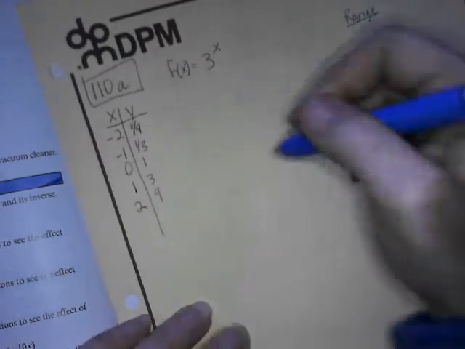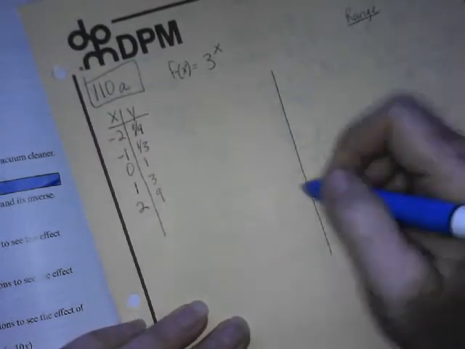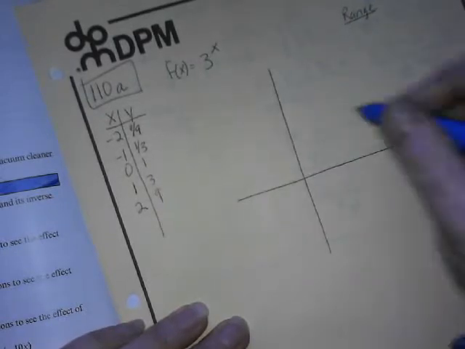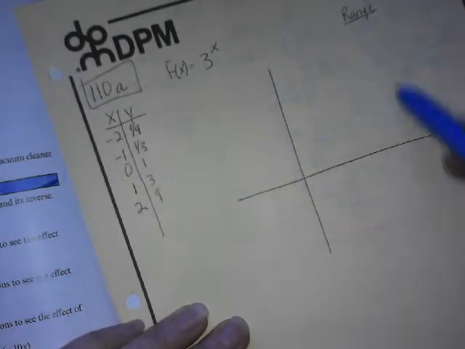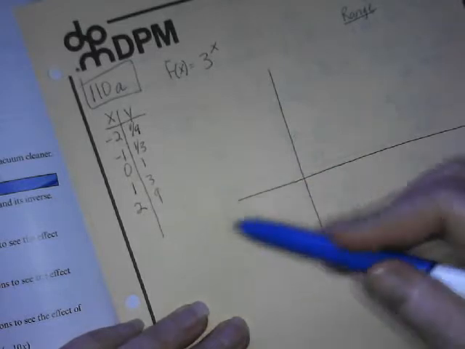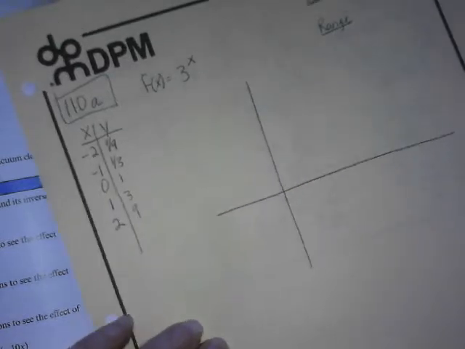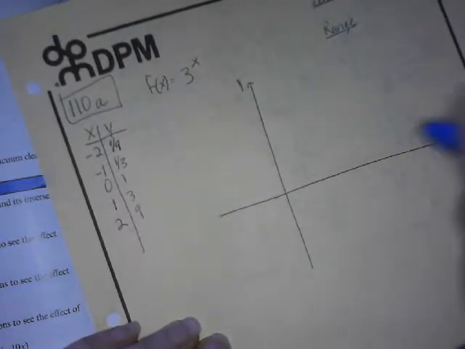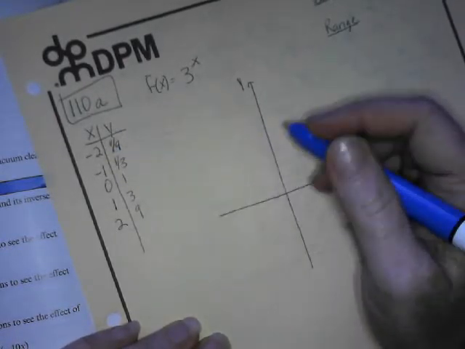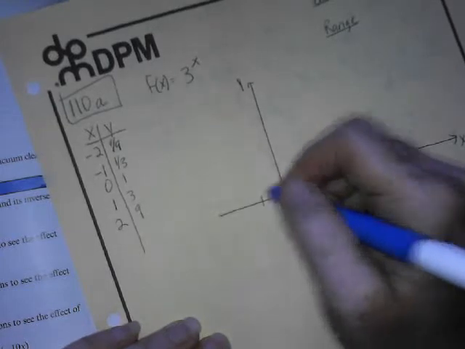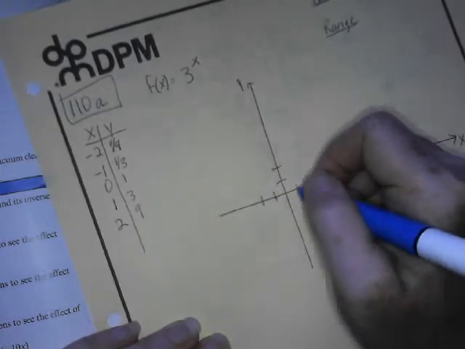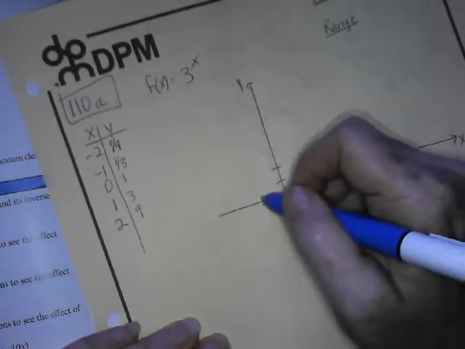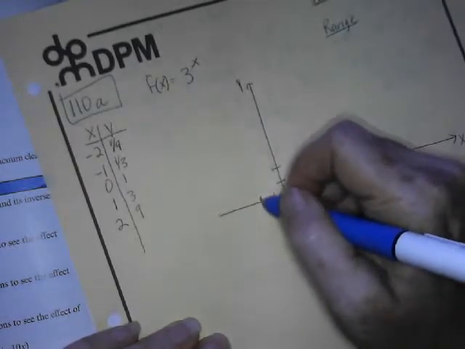So I'll just use these values, just graph my function. Actually, I think the function's mostly going to be right here, and I didn't have to make a big part of my graph on the left. This can be y, and this can be x. Okay, so I need -2 and 1/9. It's going to be way, way down there.